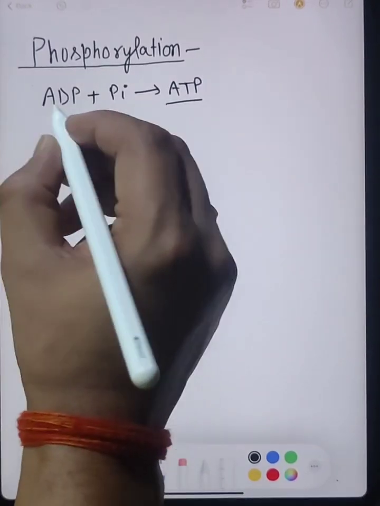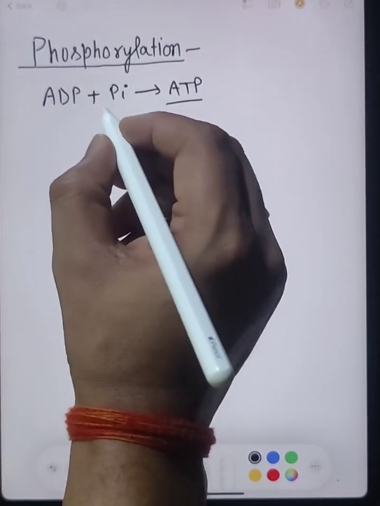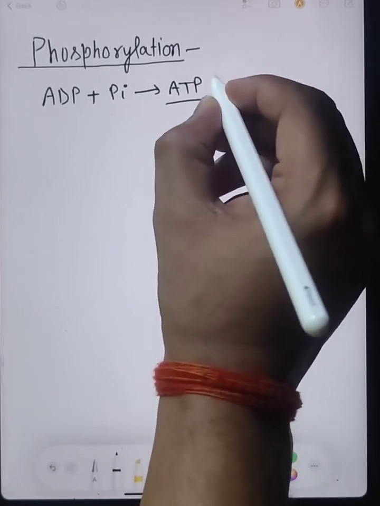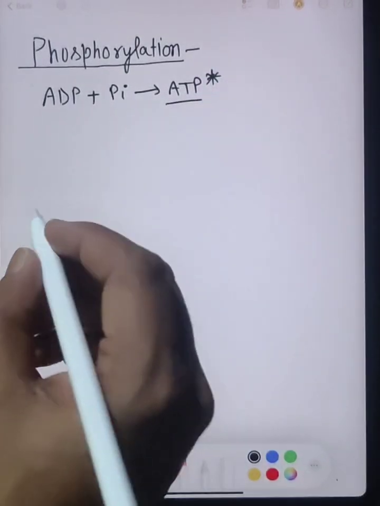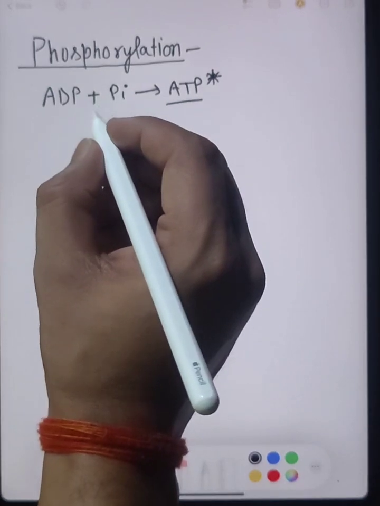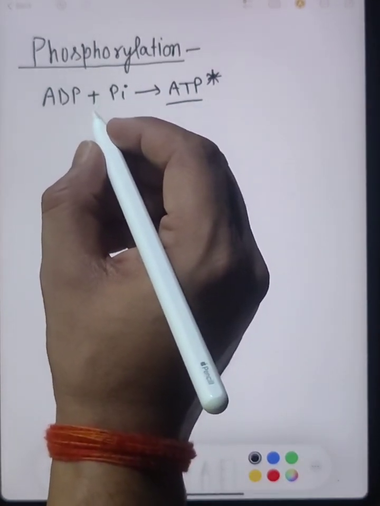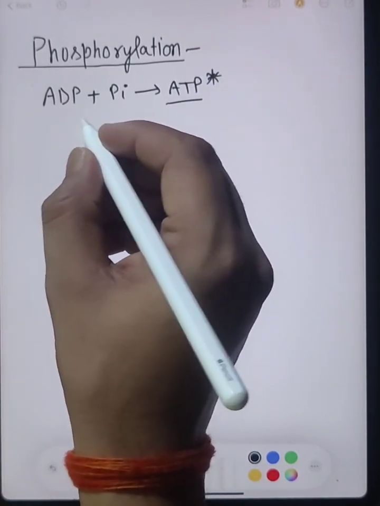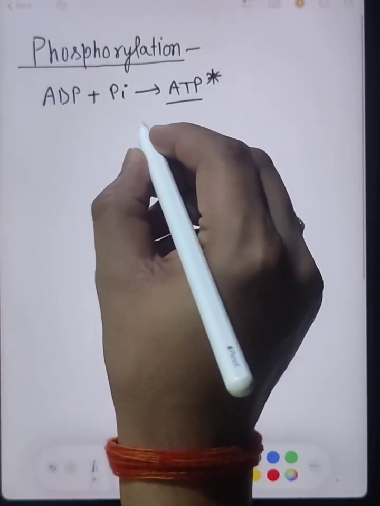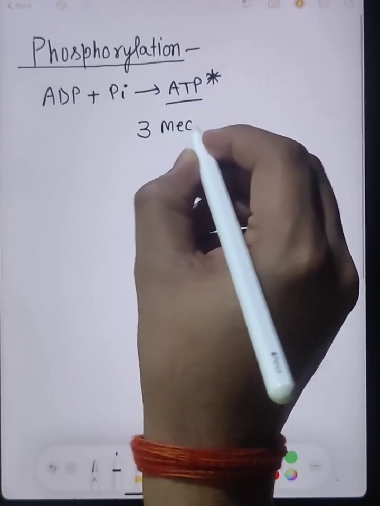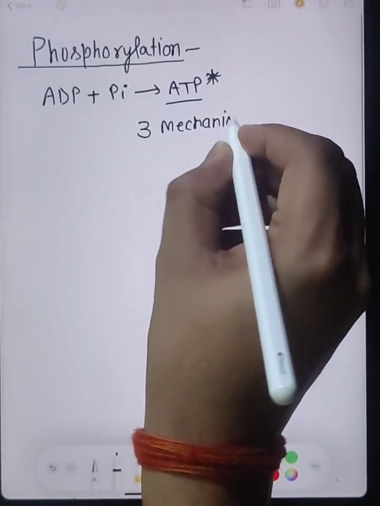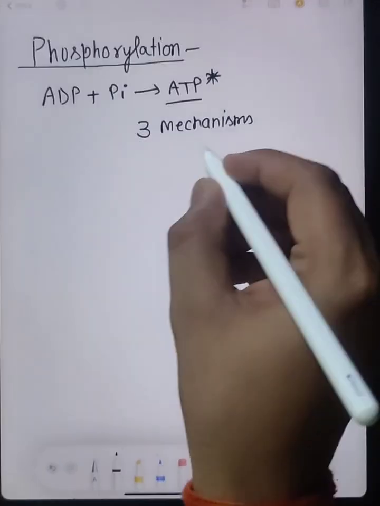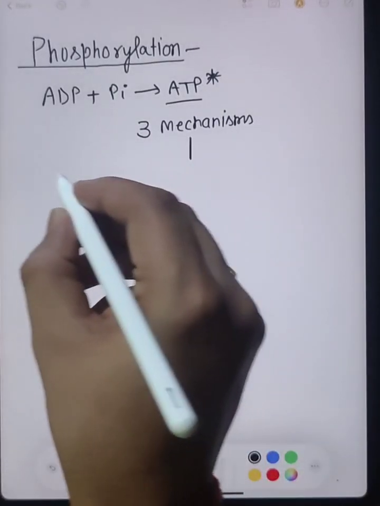The formation of ATP from ADP and Pi addition to form a high energy compound requires three types of conditions. If we discuss how ATP will form, we can have three mechanisms for doing this phosphorylation.